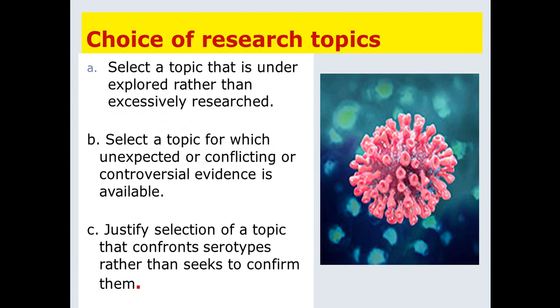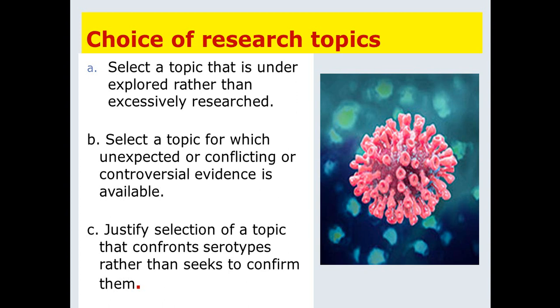Choice of research topics. We have to select a topic that is underexplored rather than excessively researched. So as you see now, COVID-19 is a new subject and it is not researched previously, or at least there is little research till now. So it is a new subject and a new topic. It is underexplored.